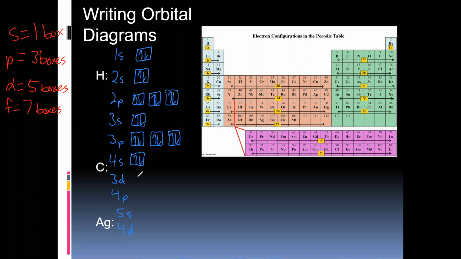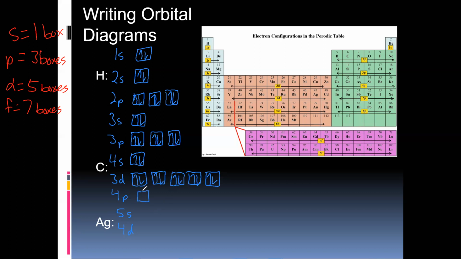The 3d is also full, but this one is going to need 5 boxes. It is full, so again we fill it up. 1, 2, 3, 4, 5. 1, 2, 3, 4, 5 for a total of 10.